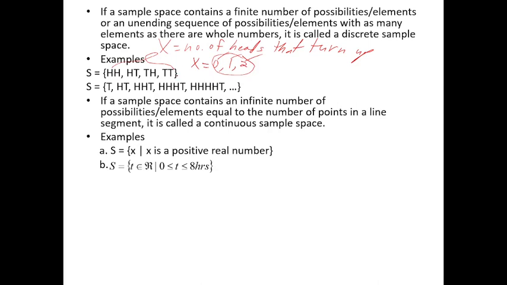So, ganun din dito sa second example. No? Okay? So, yung mga possible values, number of heads that turn up, kung yun ang random variable natin. So, 0 head sa unang outcome. Sa pangalawang outcome, 1 head. Pangatlong outcome, 2 heads. And so forth. Okay? So, 0, 1, 2, 3. So, never ending.